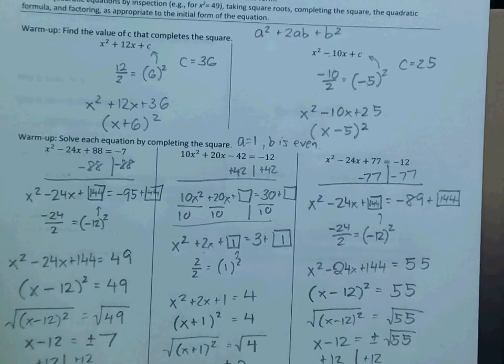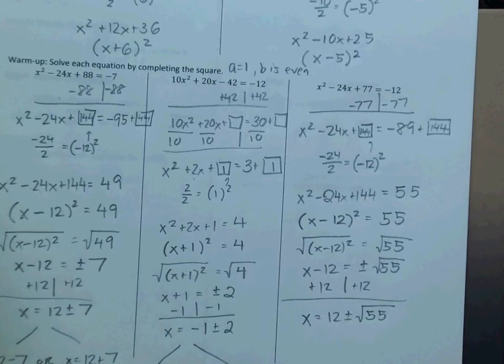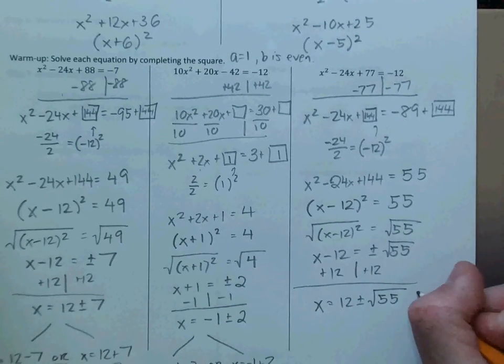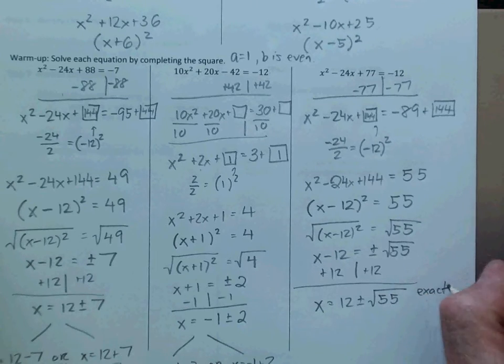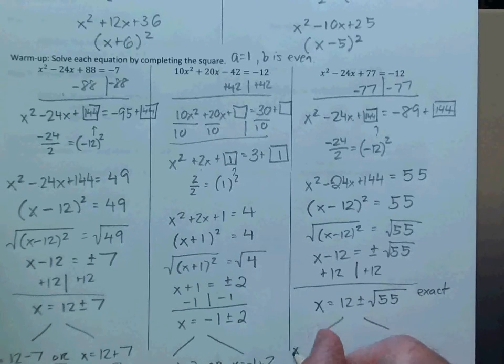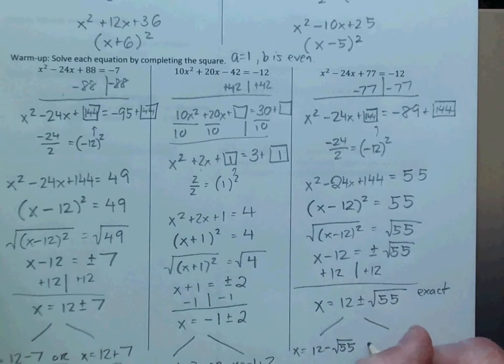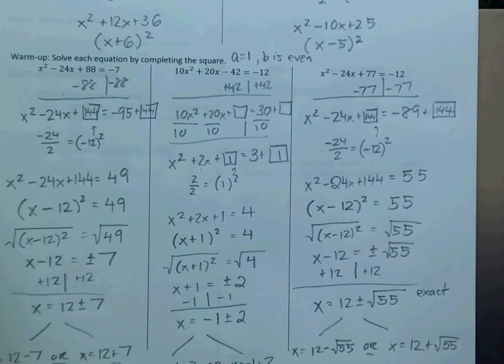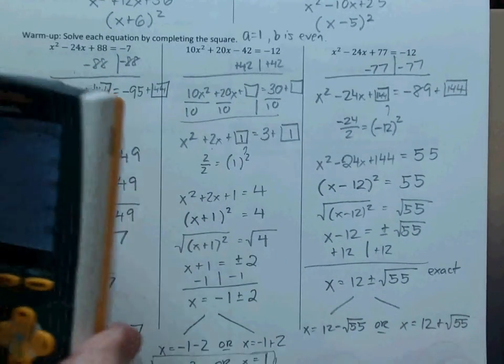One thing I will tell you, no perfect square other than 1 goes into 55, so this is the exact solution in simplest radical form. But I want the approximate solutions as well, so I'm going to do x is equal to 12 minus the square root of 55, or x is equal to 12 plus the square root of 55. Going to grab my calculator.